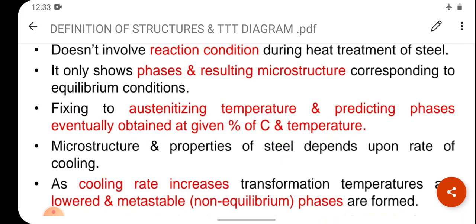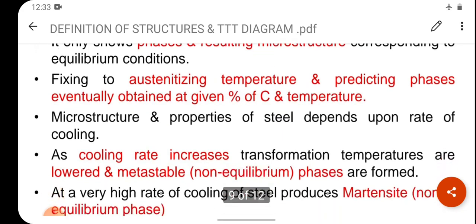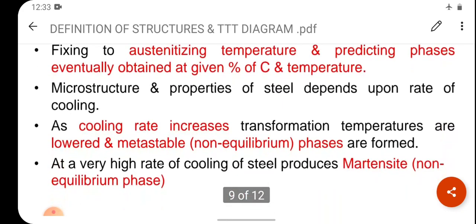So as cooling rate increases, transformation temperatures are lowered and metastable, that is non-equilibrium, phases are formed. As cooling rate increases, transformation temperatures are lowered and metastable non-equilibrium phases are formed. At a very high rate of cooling, steel produces martensite, a non-equilibrium phase.